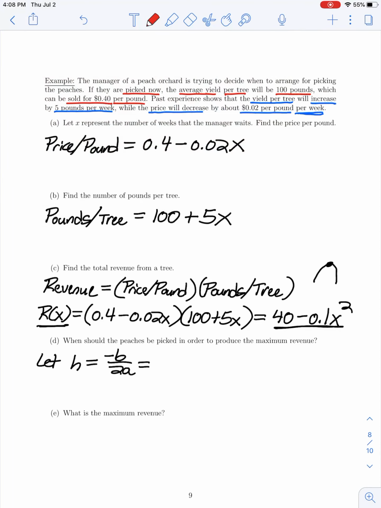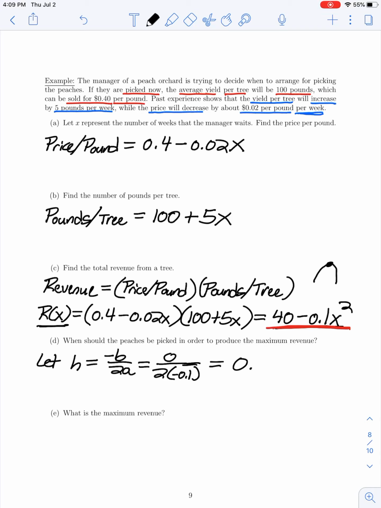Now in this example, our revenue function only involves a constant and x squared. There was no x term. So our value for b is 0. And then we're dividing by 2 times a, which was negative 0.1, but 0 divided by any non-zero number leaves us with 0.